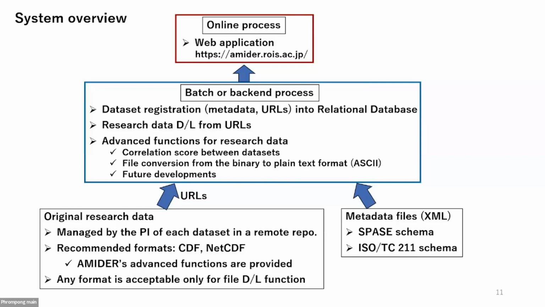And as a backend process, there is a dataset registration function. And there is a research data download function. And as an advanced function for research data, we will provide a correlation score between datasets.